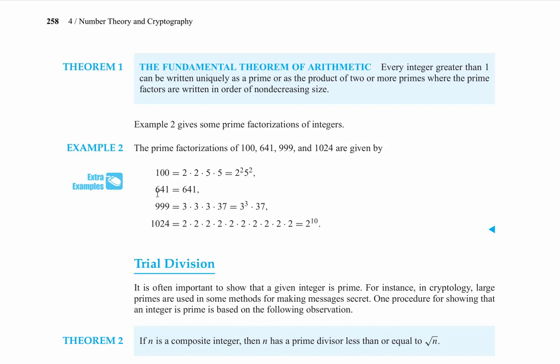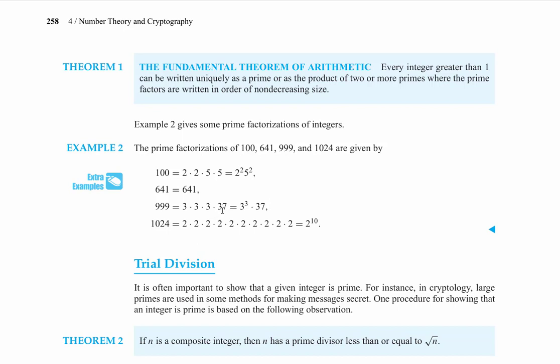If you try to break 641 into smaller pieces, you'll find there are no smaller factors, so 641 turns out to be prime. We'll see how to prove things like that. 999: you could break that up as 9 times 111, and then 111 is 3 times 37, 9 is 3 times 3.